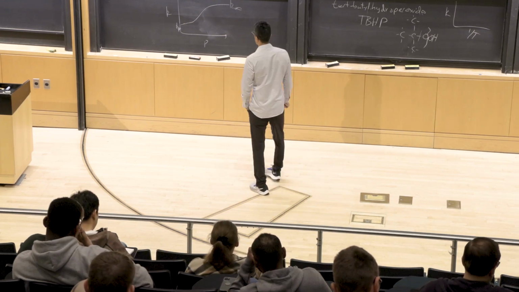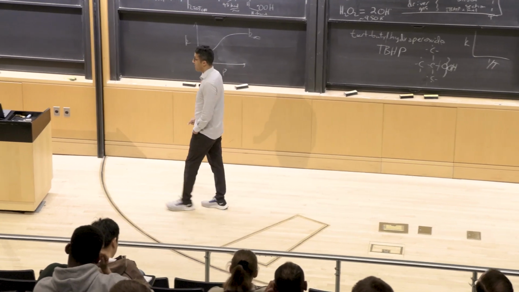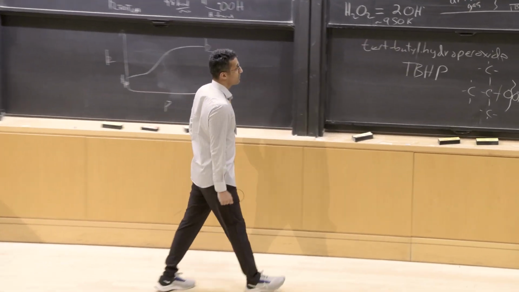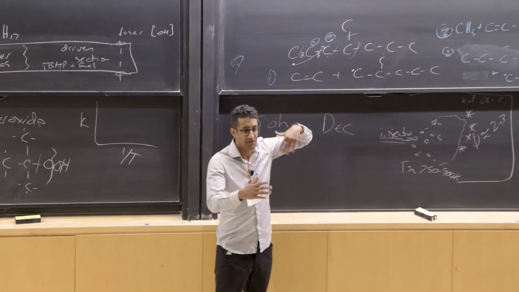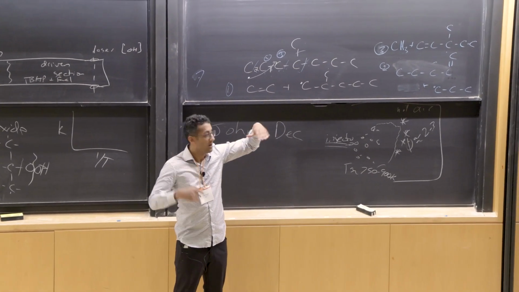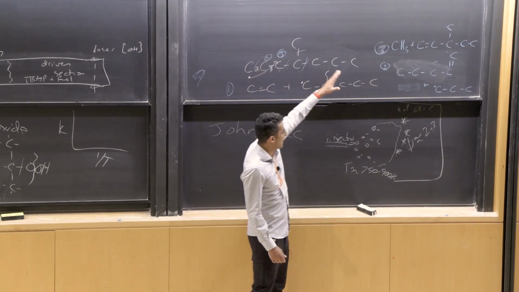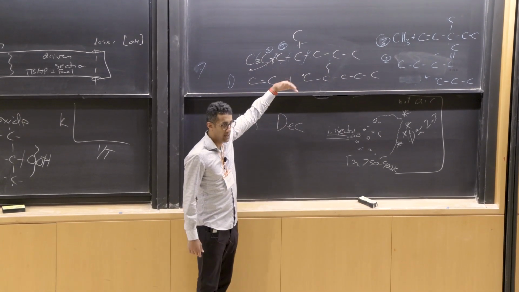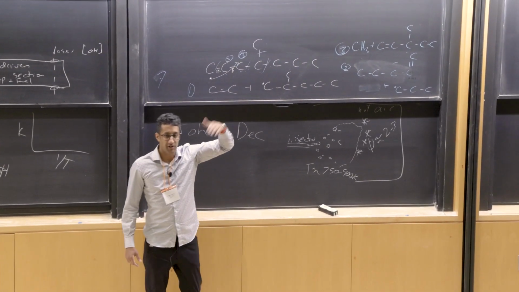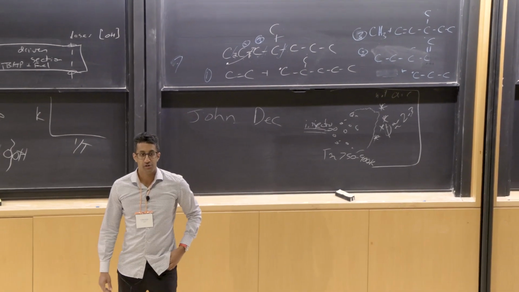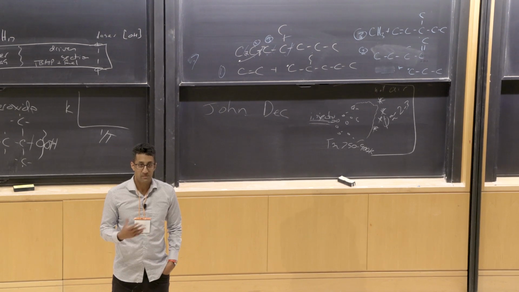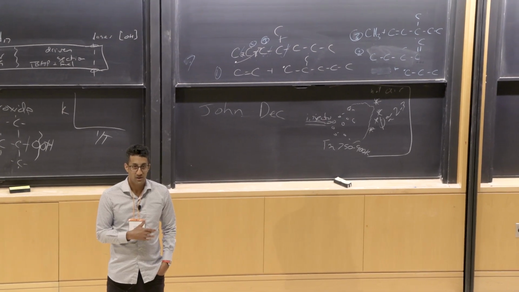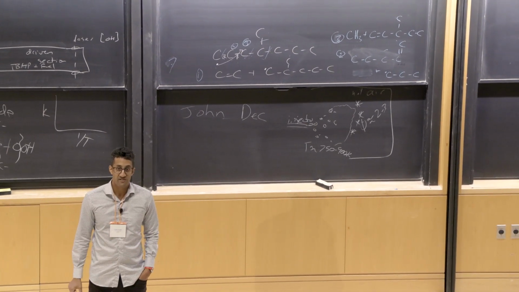Well, the reason is because the fall-off is happening for all of these different channels about the same way. The rate of all these channels of alkyl radical scissions have a pressure dependence, and the pressure dependence is roughly the same for all different types of channels. So what really matters in a combustion process is not the rate of the actual reactants, it's something we call the branching ratio.